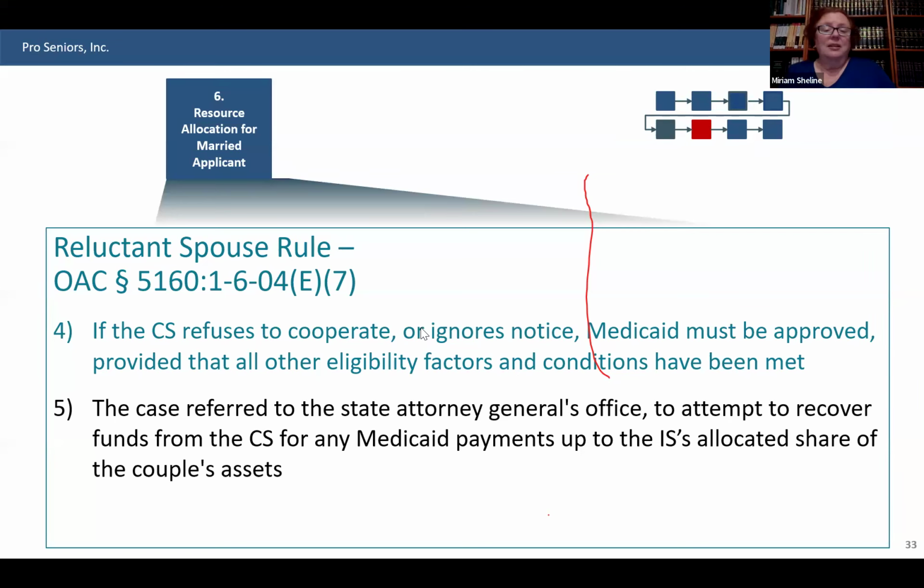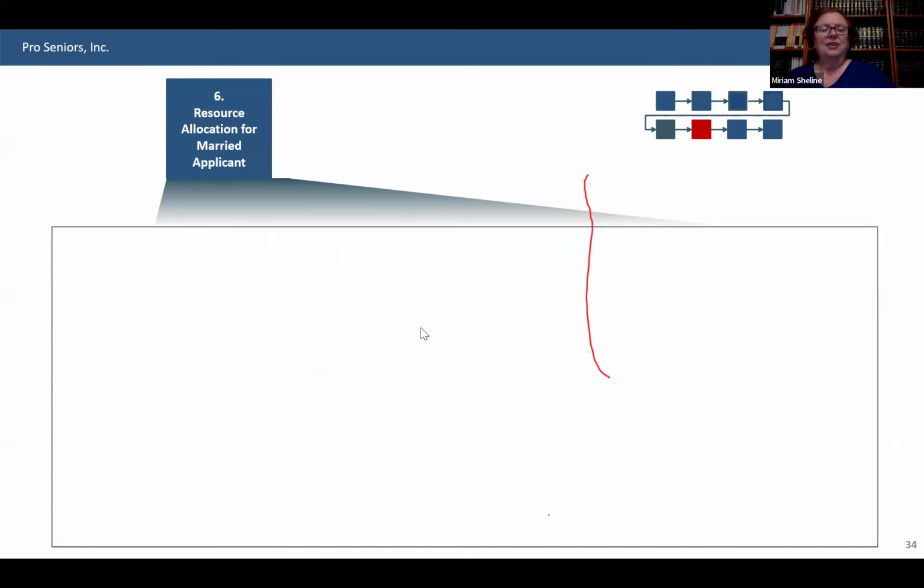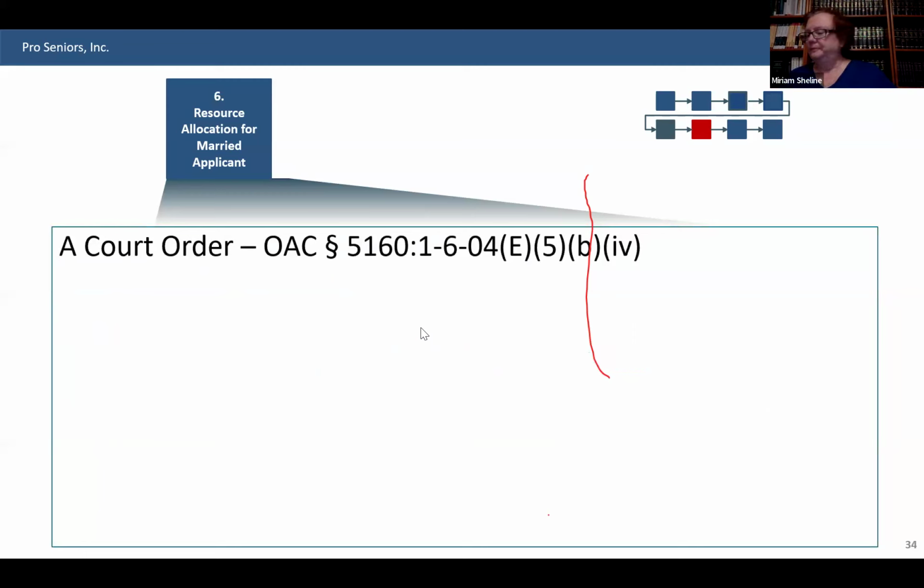And it doesn't have to be the long distance or the missing spouse. It could just be the community spouse doesn't want to cooperate. That's fine. You cannot penalize the IS for that. And JFS can't say, go get a divorce as a condition of qualifying for Medicaid.